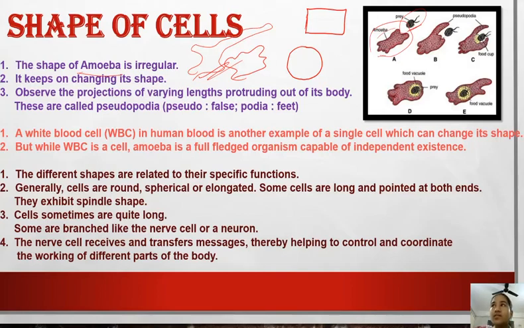These are the false feet, marked as pseudopodia. It forms a food cup and engulfs the prey inside. Then it forms the food vacuole and digests it by releasing some enzymes.